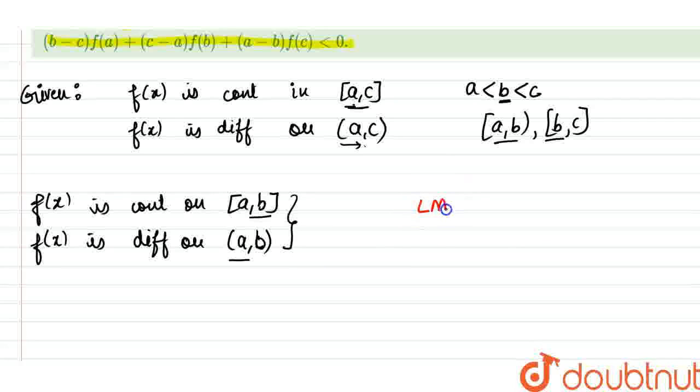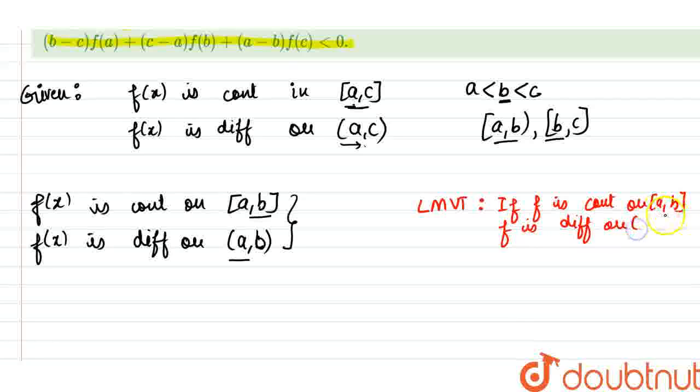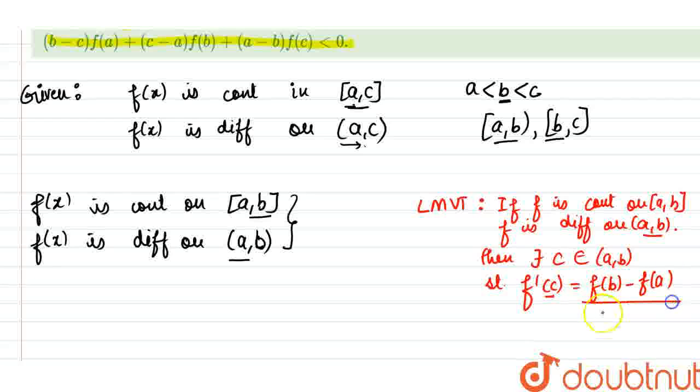Lagrange mean value theorem, LMVT, says that if there is a function which is continuous on the closed interval a comma b, and if this function is differentiable on the open interval a comma b, so these are the hypotheses for LMVT, then there exists, this is the symbol for there exists, some element c in this interval for which the derivative of the function, that is f dash at the point c, should be equal to f of b minus f of a divided by b minus a.